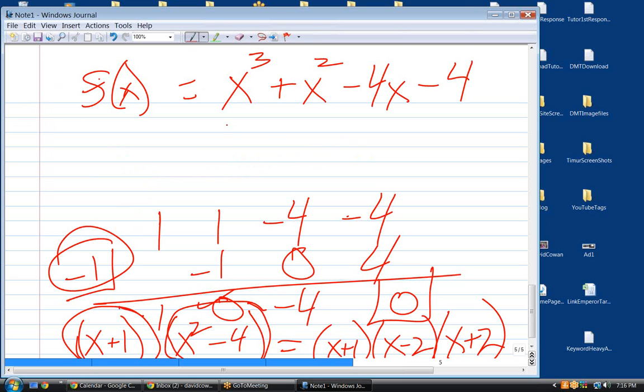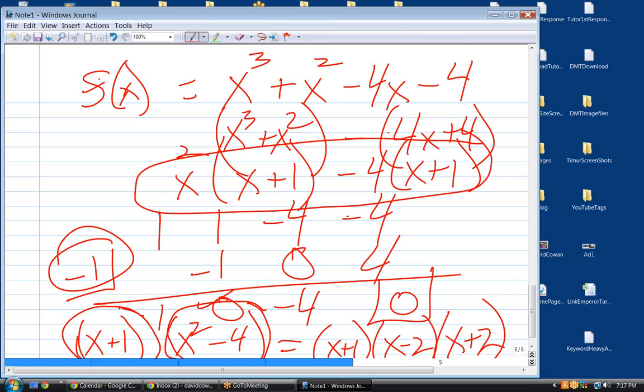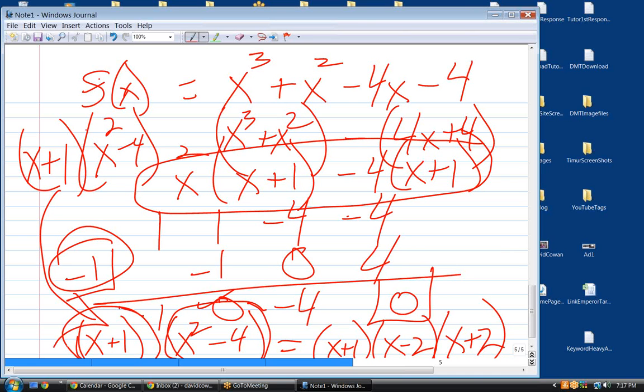But notice that if I group these two together and group these two together and then factor out the greatest common factor, see where I'm going here? Now I can factor out an x plus 1 times what's left over, x squared minus 4.